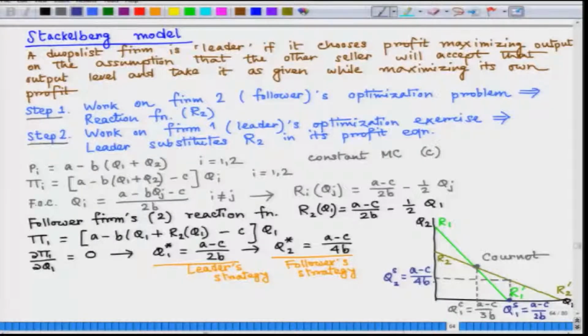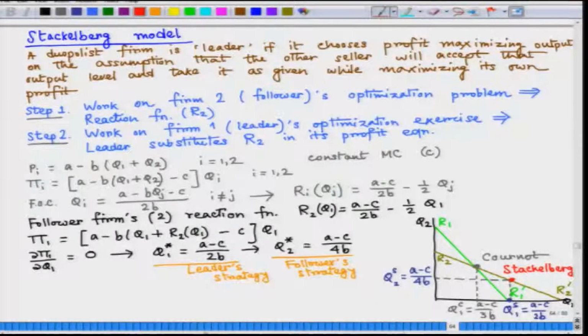Okay. So, we can compare our Stackelberg and Cournot solutions here. So, note that this is basically the Stackelberg solution. So, this is the Stackelberg equilibrium point. Okay.